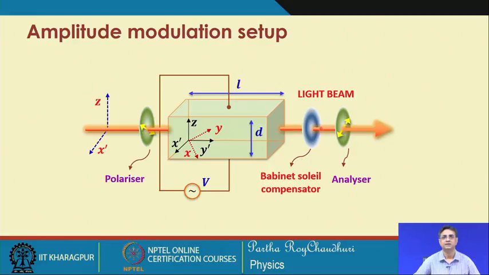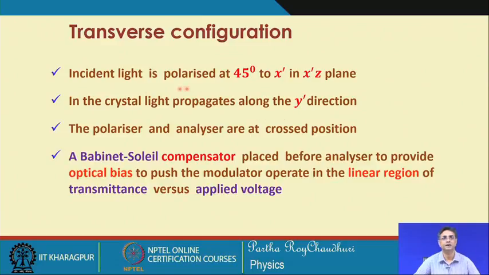We will see that this compensator, which is a Babinet-Soleil compensator, provides the necessary optical biasing to shift the operating point to the desired position, so that you get linearity in the modulated light, and you have an analyzer at crossed position with the input. This is all known by now, and you apply the modulating voltage across the crystal in the z direction, so that you get the electric field active across this z direction. Okay. So, this is the configuration.